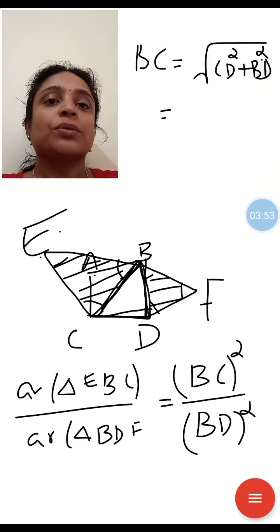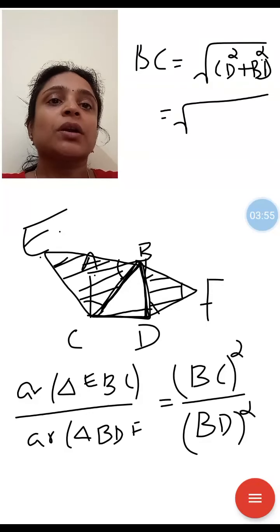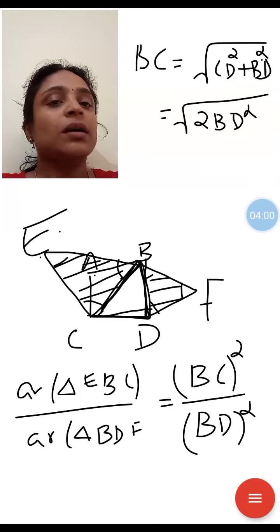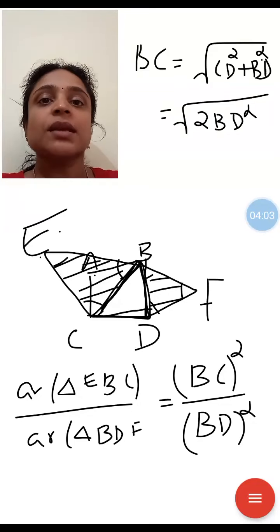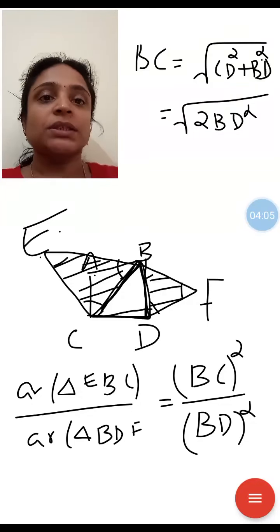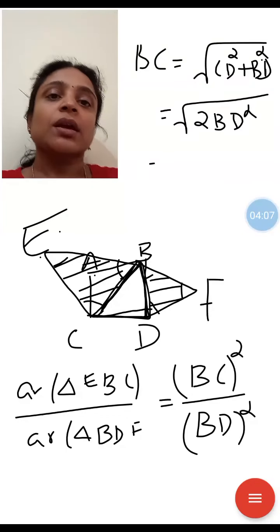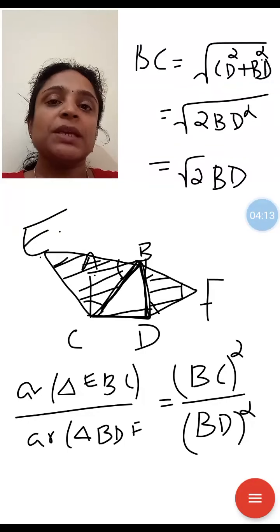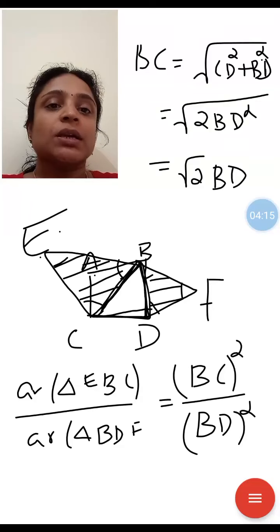So equal to root of 2BD square, right? We are bringing this in terms of BD. That is why we are changing to root of 2BD square equal to root 2 into BD, right? So we got BC equal to root 2 BD. So we can substitute this here.